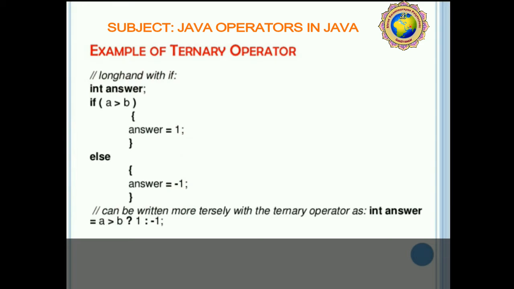This whole process we can write in a single statement. That is called the question mark and colon, the ternary operator. If here a is greater than b, then 1 will be returned. If this condition is false, then -1 will be returned.